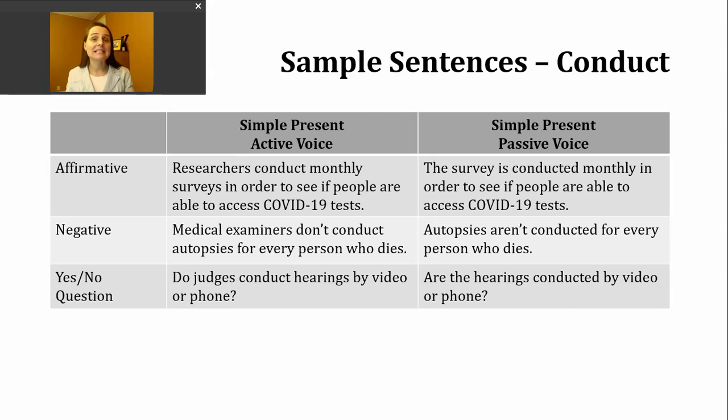So if I instead want to use passive voice, I'm going to go back to my present form of be, but I'll insert not, then the participle. Autopsies aren't conducted for every person who dies.